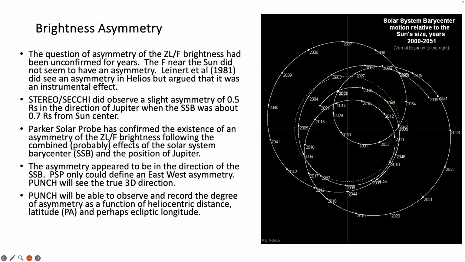So let's turn to asymmetry. This was a question that had been running around for a while. This is a plot of the center of mass of the solar system. The sun is a yellow dotted line. It's difficult to see. Oh, here it is.